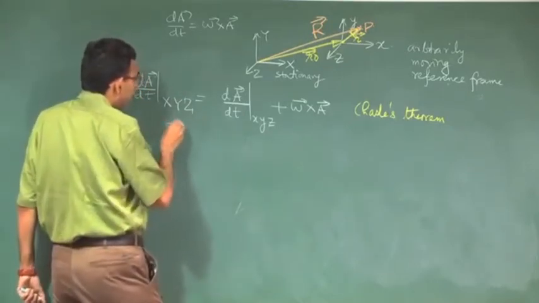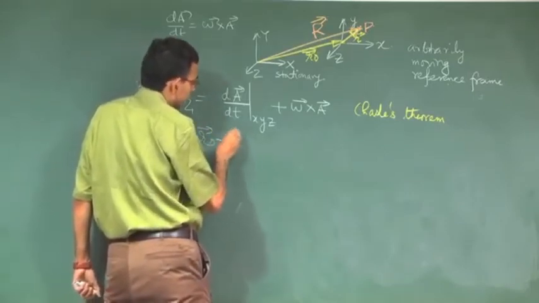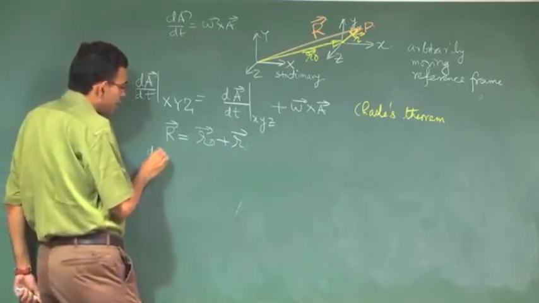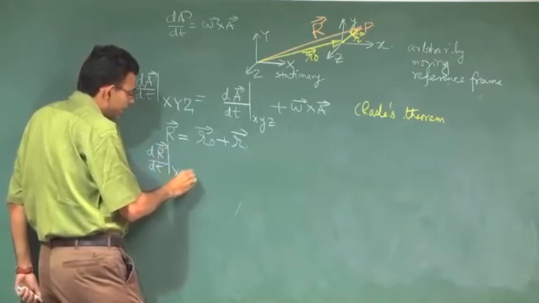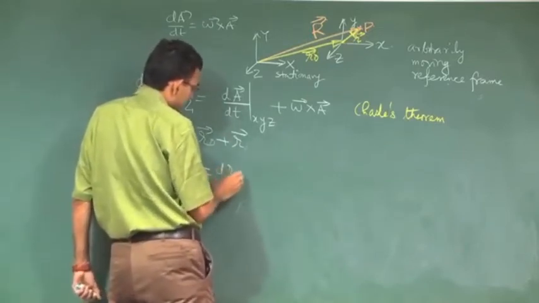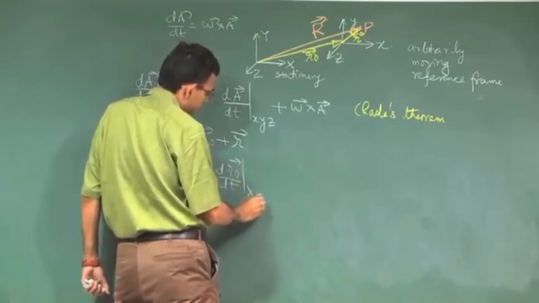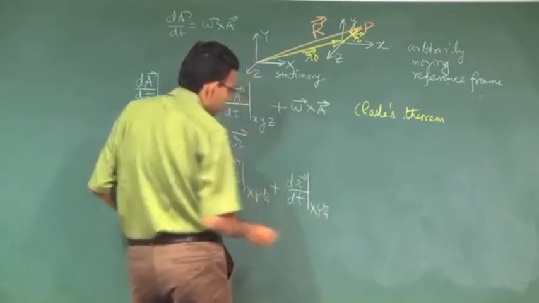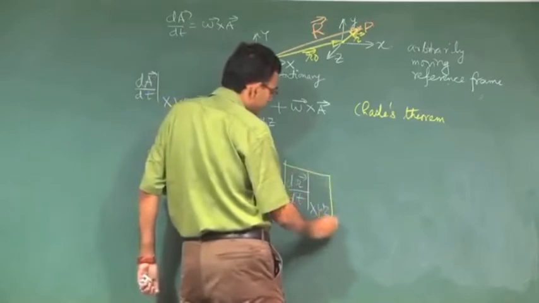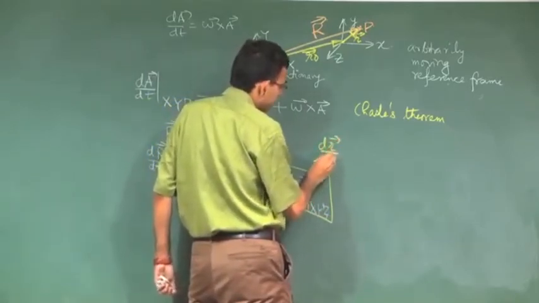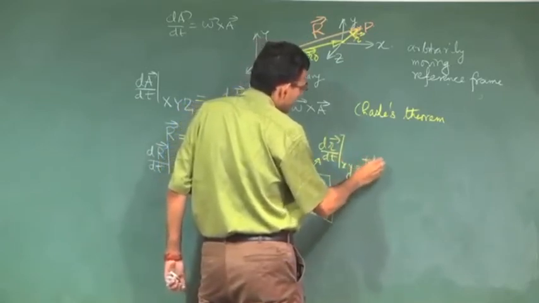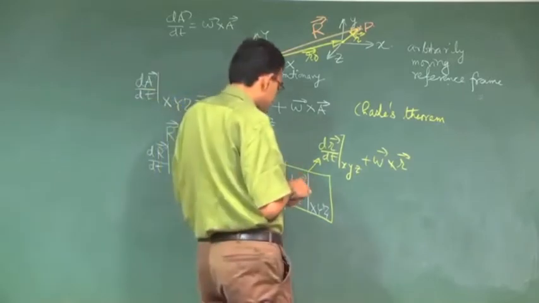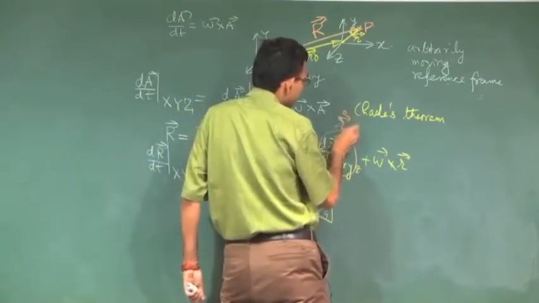So we can write that R, so dr dt with respect to capital XYZ, by Chasles' theorem, this will be, or in simple notation we will call this r dot with respect to small xyz.